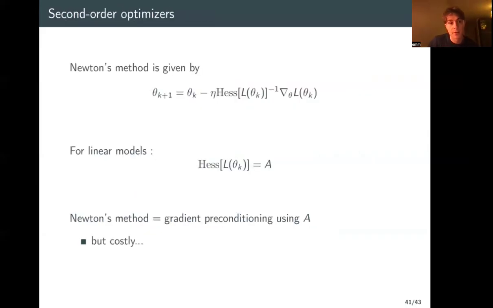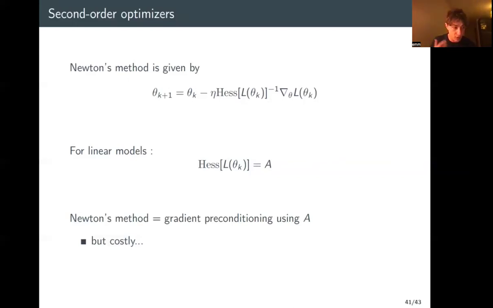And obviously, considering a second order optimizer, for our linear models in this case, the Hessian of the loss corresponds exactly to this matrix A. Newton's method would give us a perfect preconditioning, because we'd be multiplying the gradient by A minus 1, and therefore our new effective matrix would be the identity matrix.